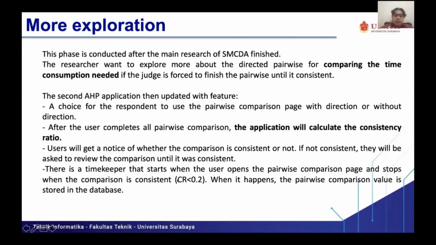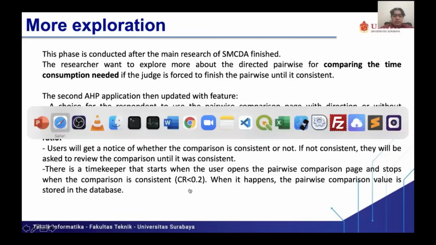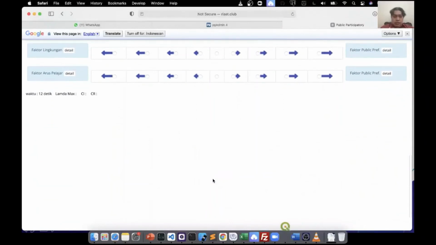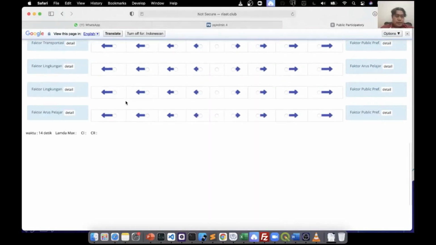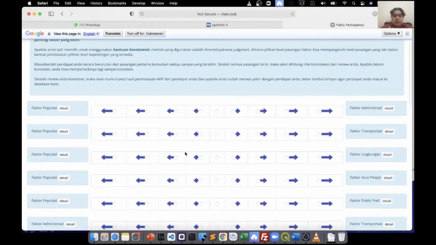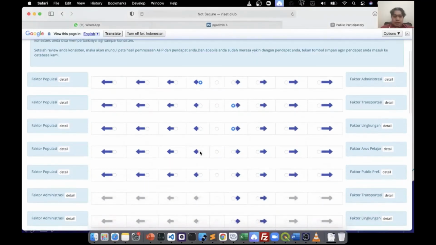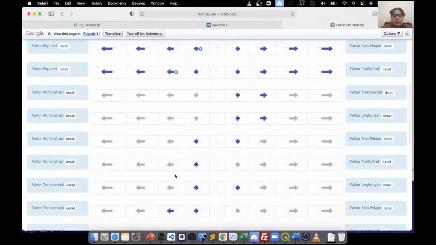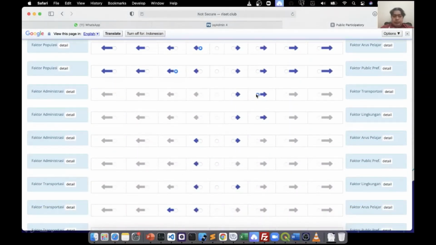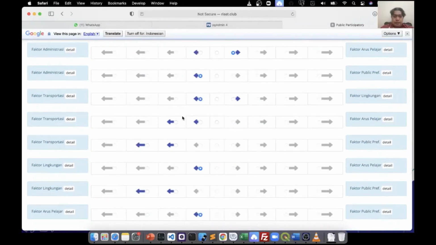And there is a timekeeper that starts when the user opens the pairwise comparison page and stops when the comparison is consistent. There is a timekeeper here, and the application will directly calculate the consistency ratio. Okay, I will show the calculation for the consistency ratio.